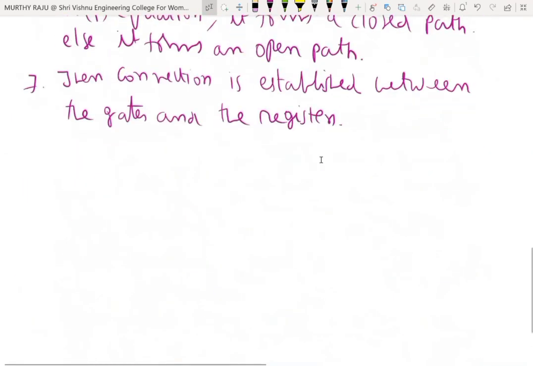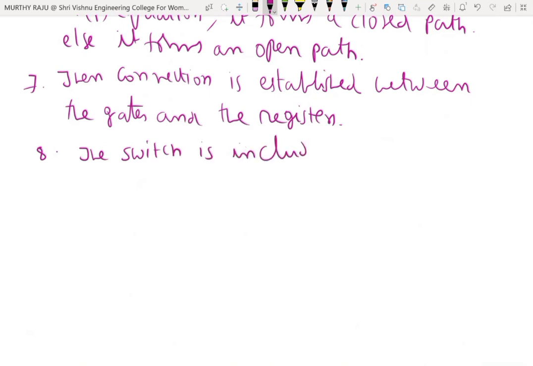Next important point here is that the switch is included, as shown in the figure. Initially, the switch is closed and the gate is connected to the receiver.